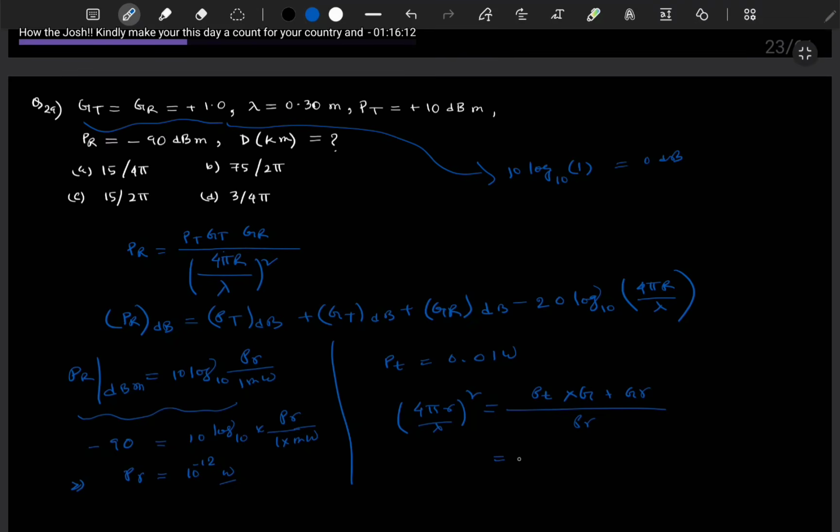Okay, so here r will be lambda by 4 pi root under PT GT GR by PR.